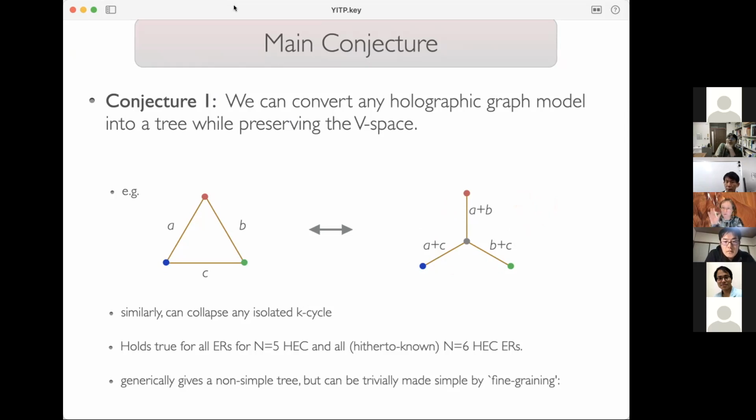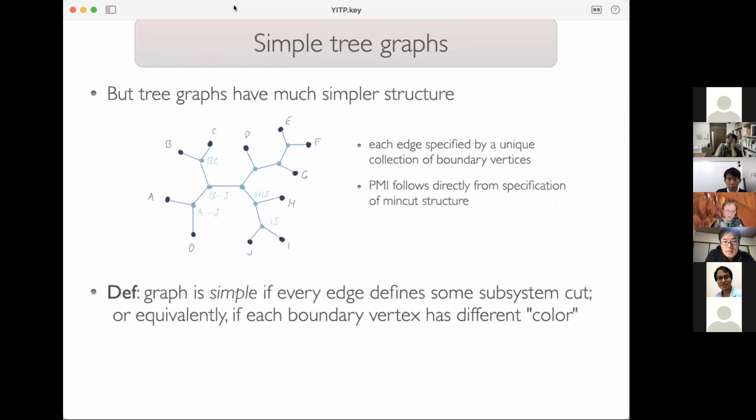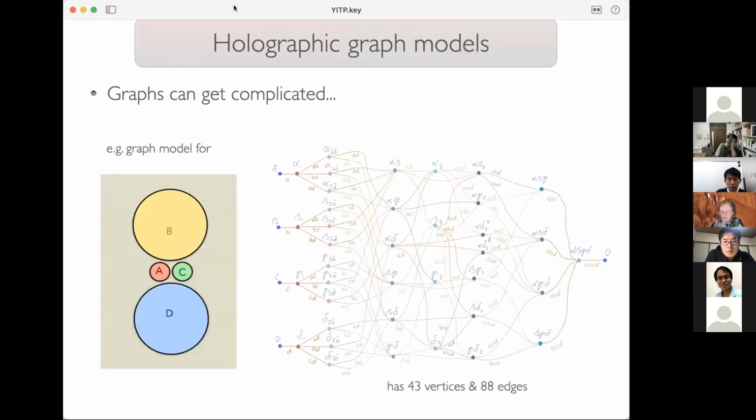No, so what I'm saying here is that I can convert my graphs, even complicated ones like this that correspond to some holographic configuration, into something that actually collapses all these different cycles and becomes a tree graph.